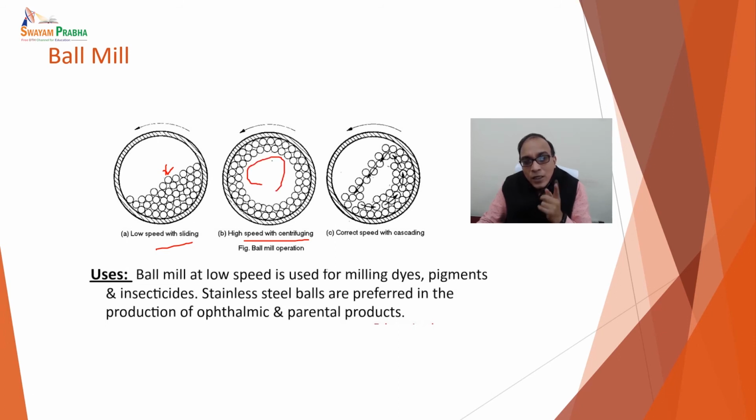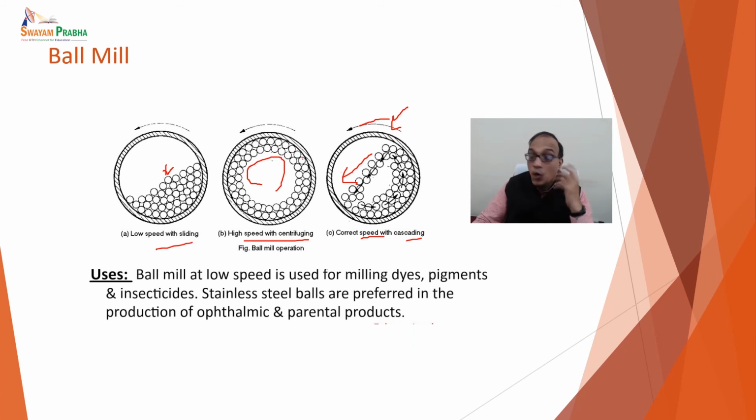So not only the impact, but also this motion. When we correct the speed with cascading, then we get a better combination of impact and attrition. Impact will be there and attrition will be there. So you will have to correct this speed.